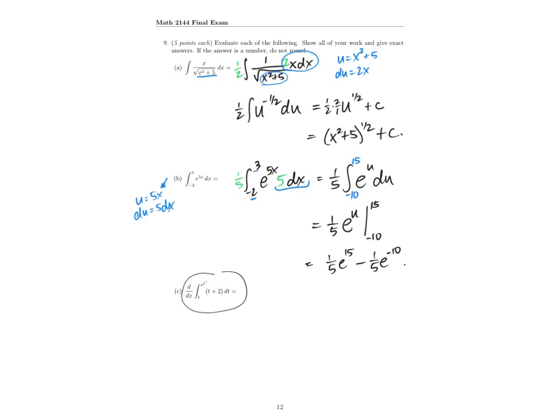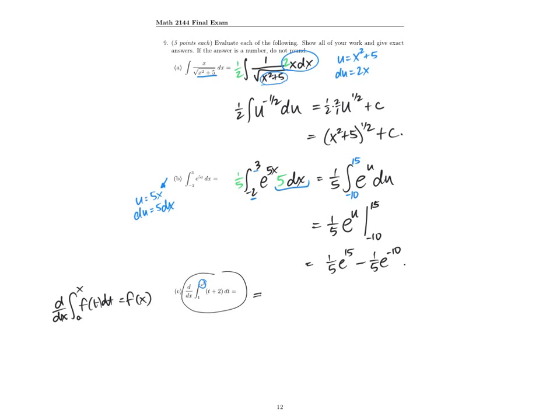For this one, it looks almost like the fundamental theorem of calculus part 2, except that in my bound, instead of just a plain x, I have an x squared. And so when I evaluate this, I'm going to have to use the chain rule. Let's go back and review the fundamental theorem of calculus part 2. It says that the derivative with respect to x of the integral from a to x of f of t dt is equal to f of x.